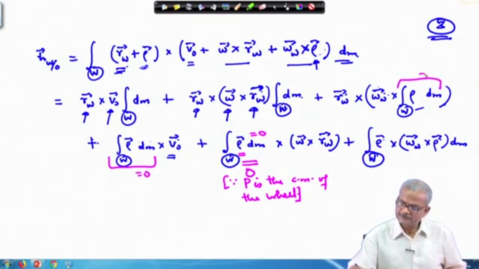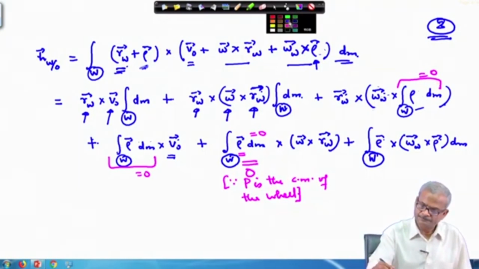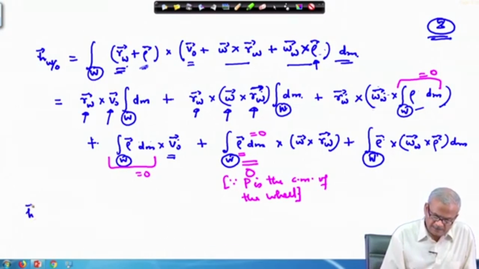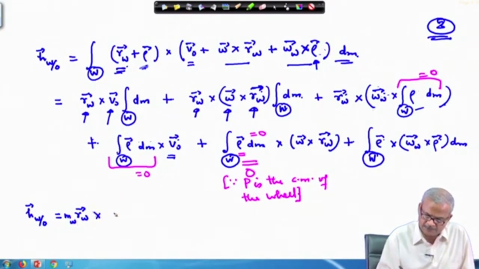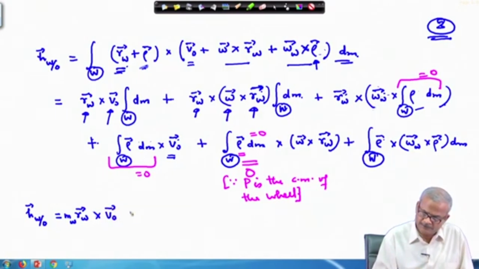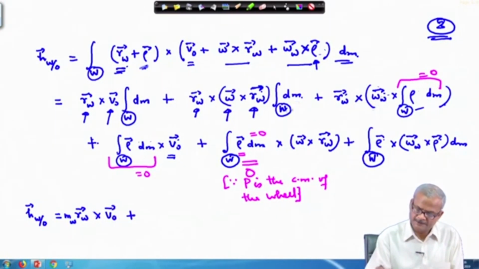Here in this place this quantity becomes equal to 0. So, these terms will simply drop out, and what we get here is H_WO equal to R_W cross, so we can write here M_W times rho cross V_0 plus, here again this integration is M_W.